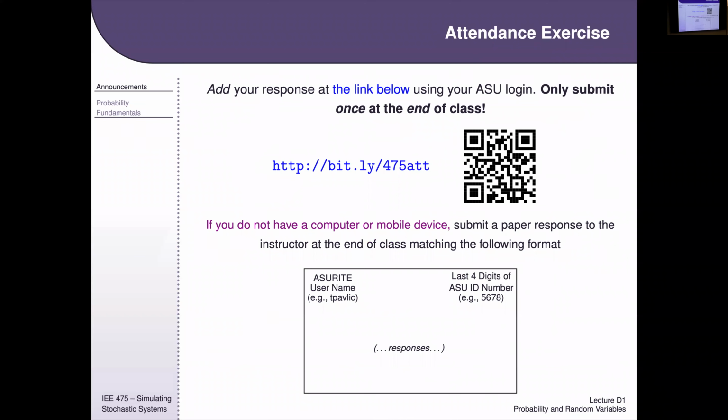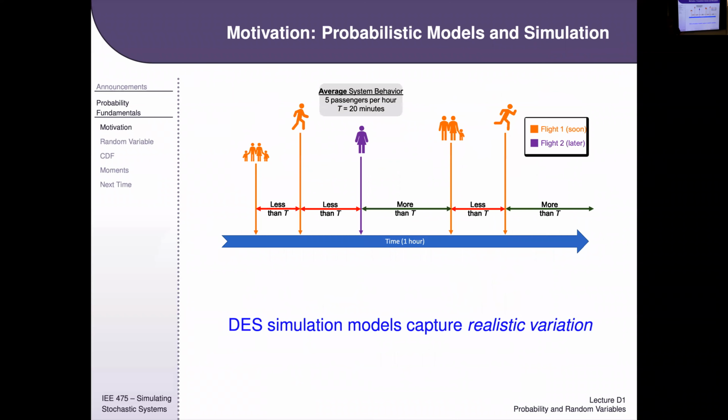All right. So like I was saying, today we're now getting into probability, and this is motivated by this idea of stochastic modeling. We want our stochastic simulation models, and specifically discrete event system simulation models, to have realistic variation.